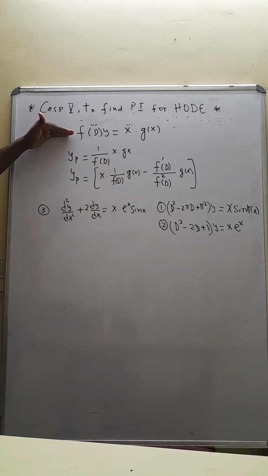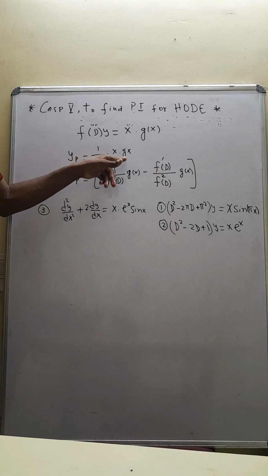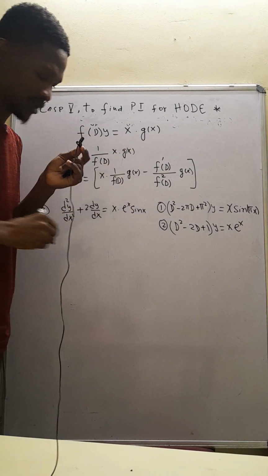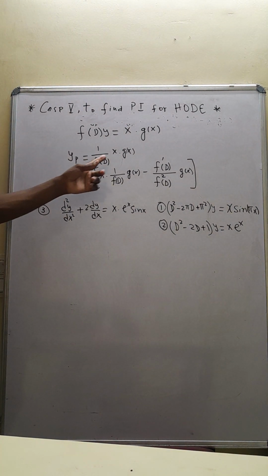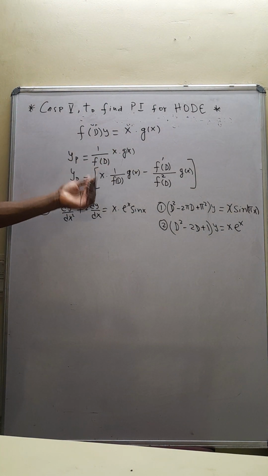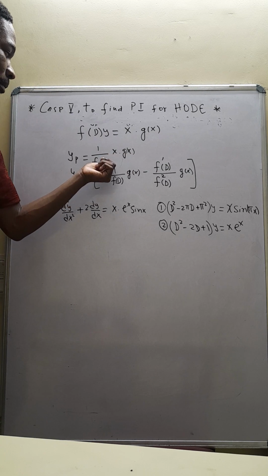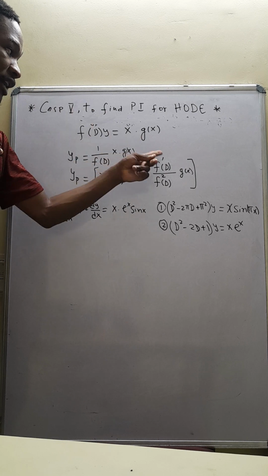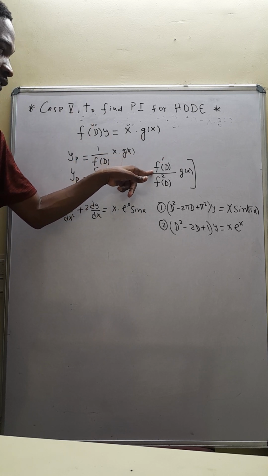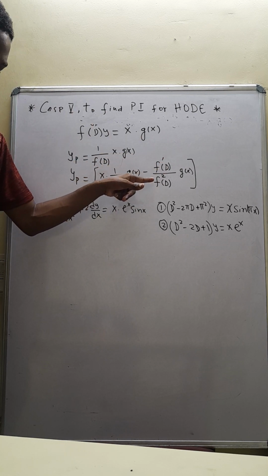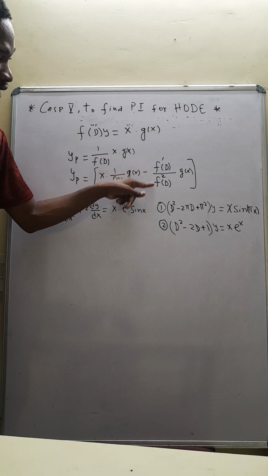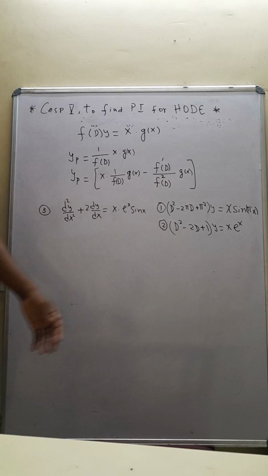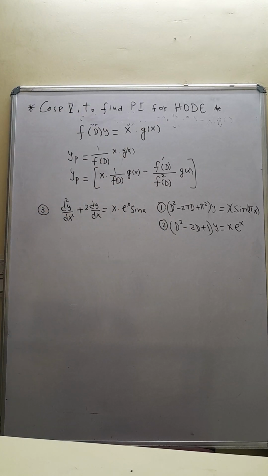So how is it? 1 upon f of D times x g of x. This g of x must be in brackets. So what you have to do is put here x times 1 upon f of D g of x, minus f dash of D, that's the derivative of this function of the operator D, divided by f squared of D times g of x, and apply just those rules.